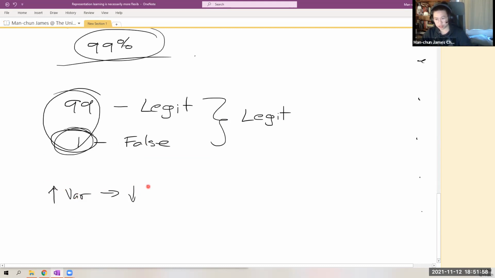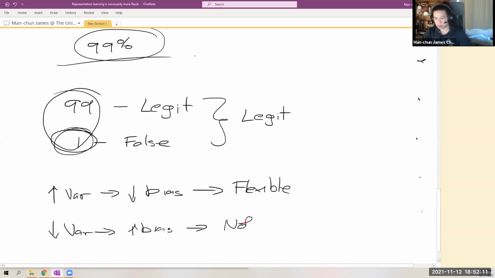If you have low variance, you have high bias, which means your models are not flexible.